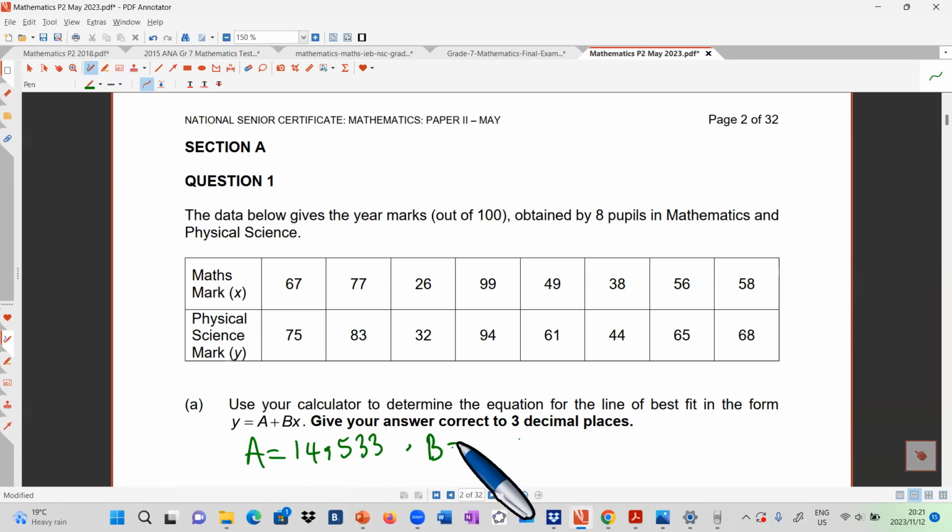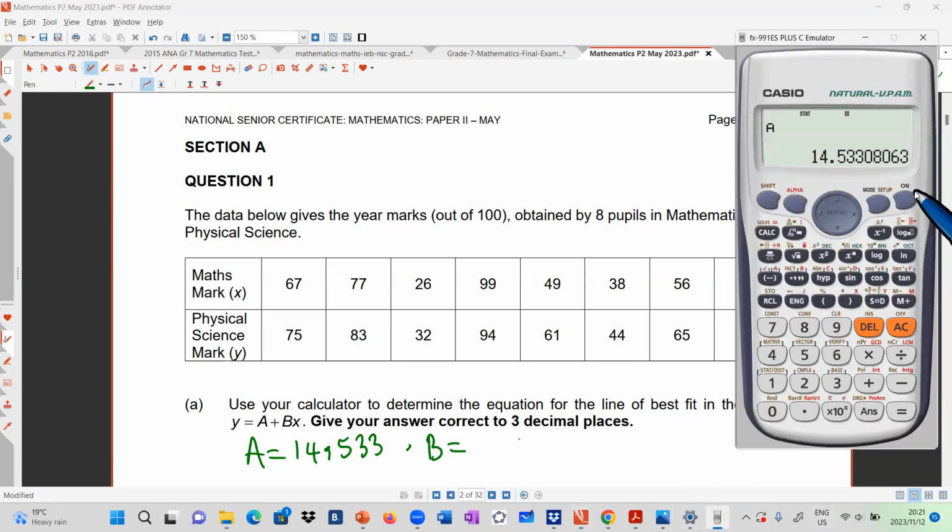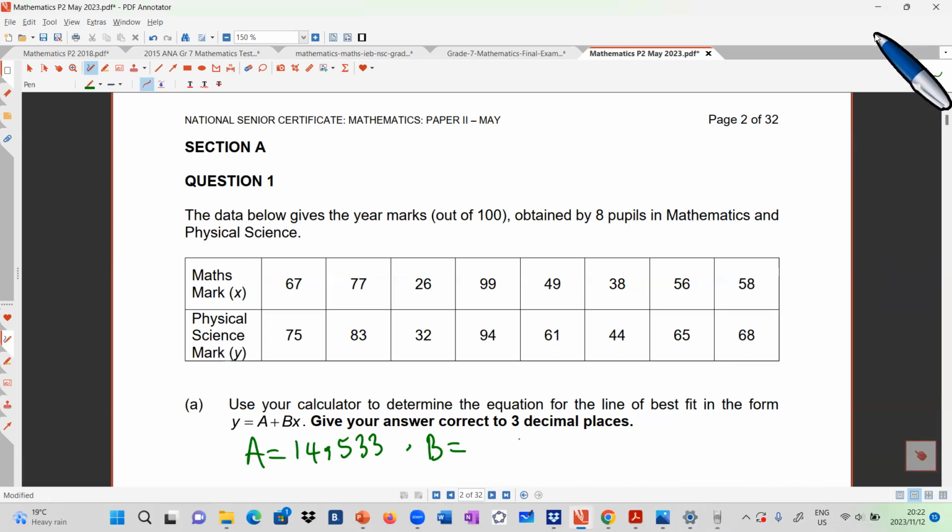Then we have b: shift stat 5 regression, b is 2, equals. b is 0,863. Right, b is 0,863.